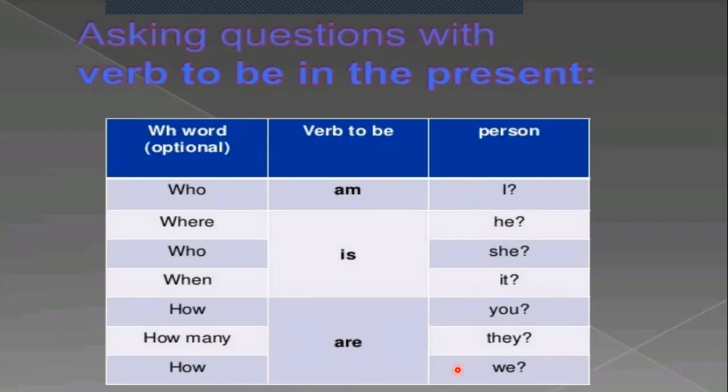Again, to make a question with verb to be in the present, this question consists of WH word plus verb to be am or is or are plus subject. I with am, and he, she, it, or any singular noun with is, and you, they, we with are, or any plural noun.